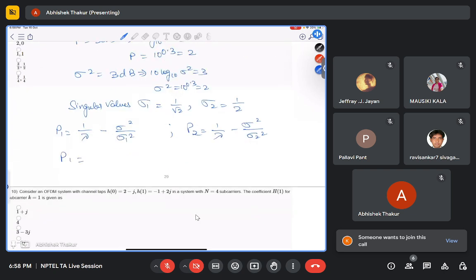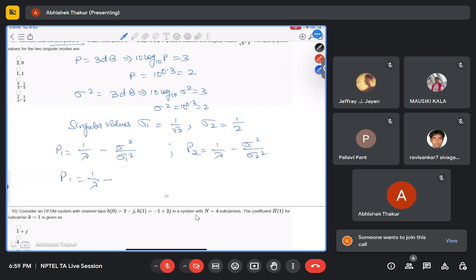So P1 is equal to 1 by lambda minus sigma square, which is given as 3, divided by sigma 1 square, which will be 1 by 2. So it is equal to 1 by lambda minus 6, and P2 is equal to 1 by lambda minus 3 divided by 1 by 4.